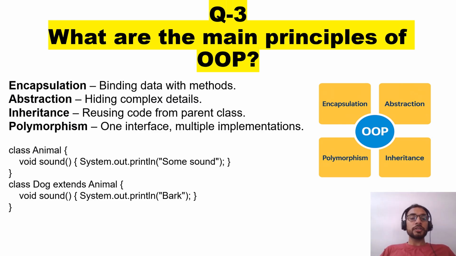Inheritance, reusing code from a parent class. Polymorphism means one interface, multiple implementations. For that we have a class Animal with method void sound, which prints something, then one more class Dog, which extends the Animal class, with void sound printing bark.